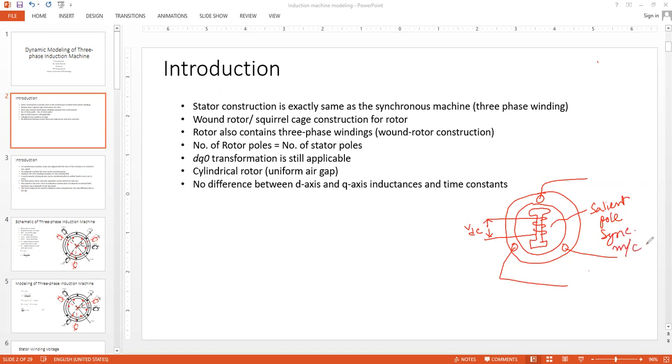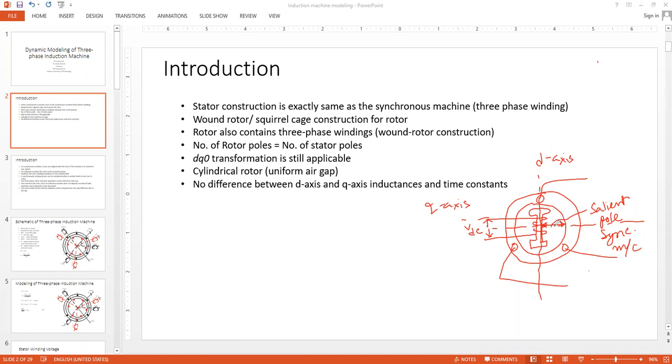As we saw there, if we talk about the axis, the D axis we considered along this path, along the main field, and 90° out of it was the Q axis. So you can clearly see that the air gap path that is being traversed by the magnetic field along the D axis and along the Q axis are actually clearly different.